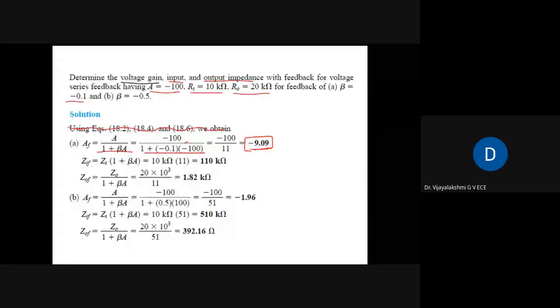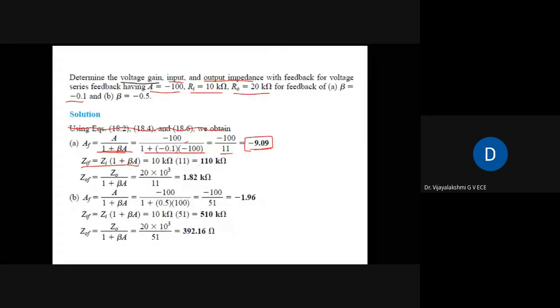Next is input impedance. ZIF is ZI into 1 plus A beta, right? The input impedance will increase. What is Zi given? 10 kilo ohm. 10 kilo ohm into 1 plus A beta. We have already found 1 plus A beta, it is 11. So I get 10 kilo ohm into 11, which is 110.